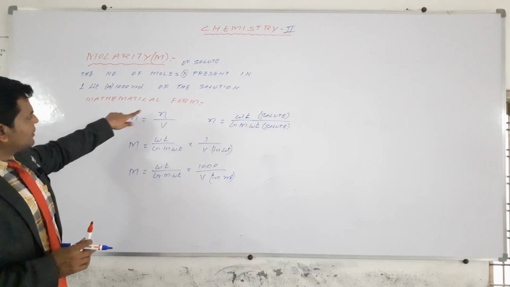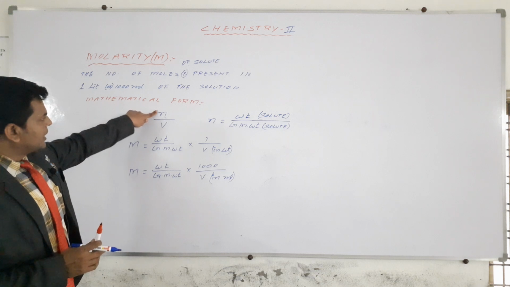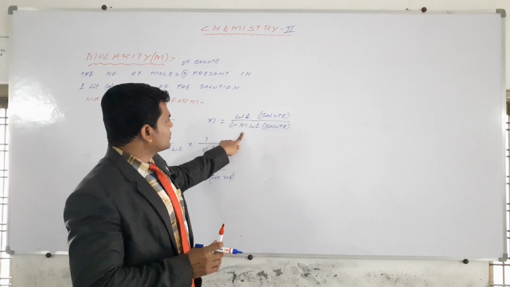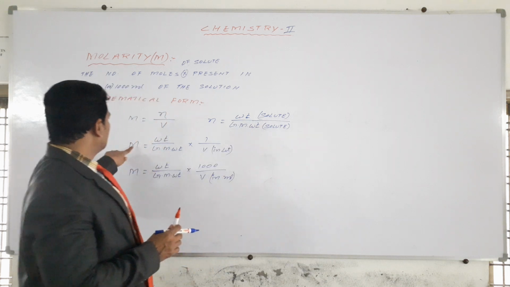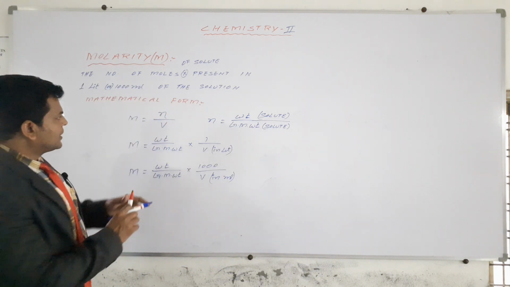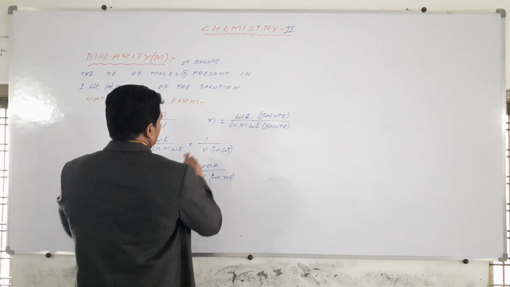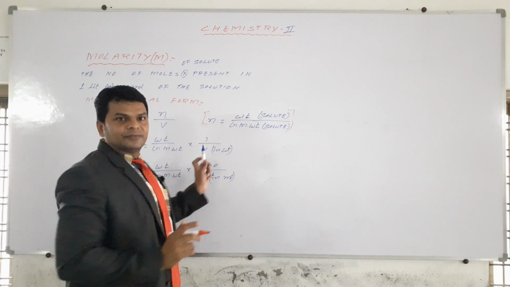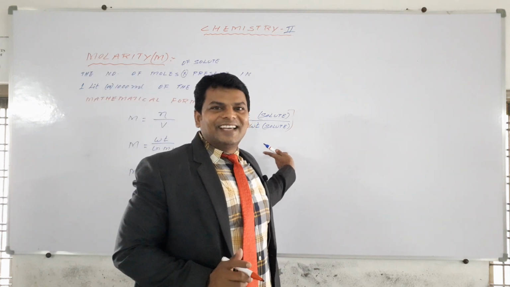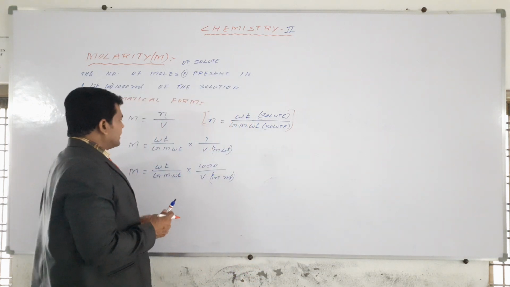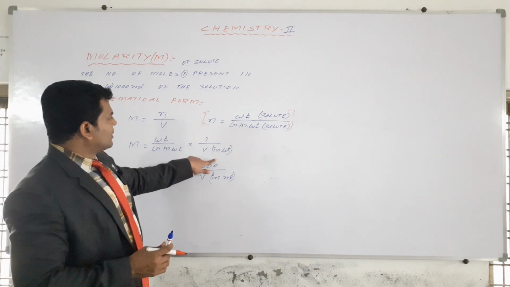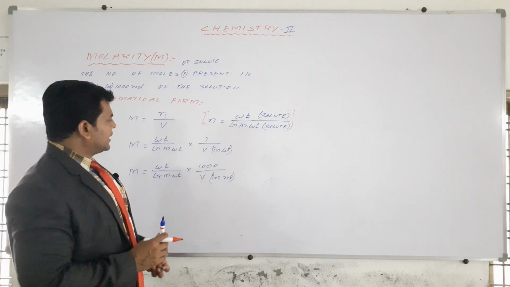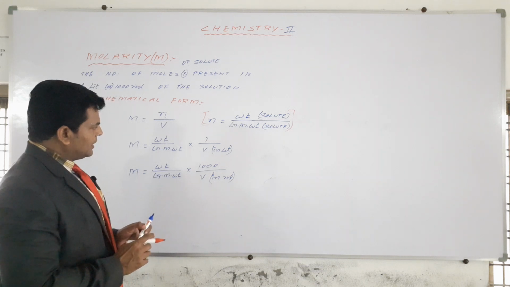So molarity equal to N by V. N means moles, V means volume. N equal to weight of the solute by gram molecular weight of the solute. Substituting the N value, weight by gram molecular weight into 1 by V in liters, then M equal to weight by gram molecular weight into 1000 by V in milliliters.